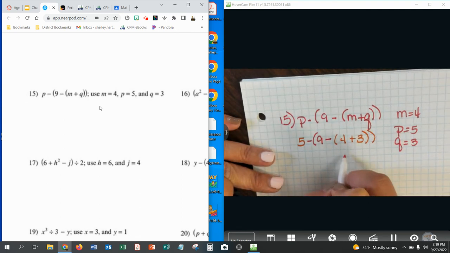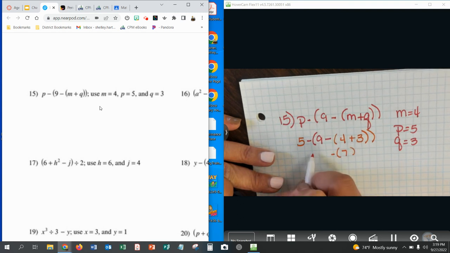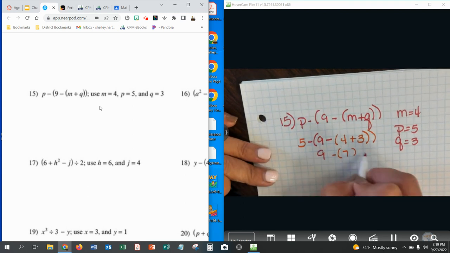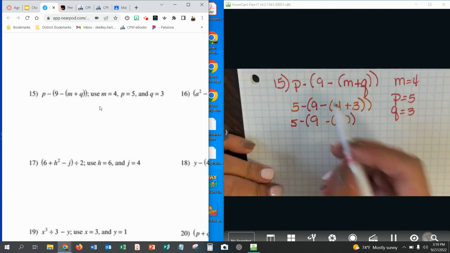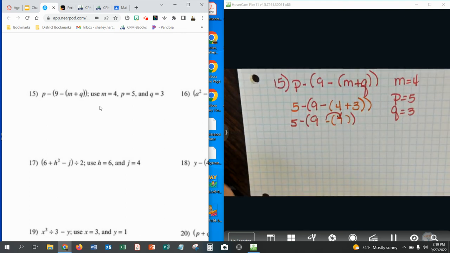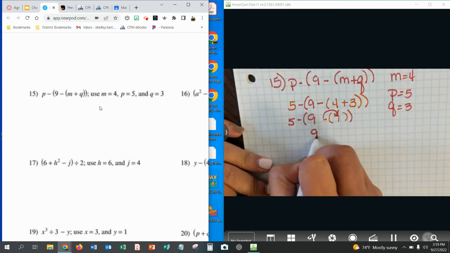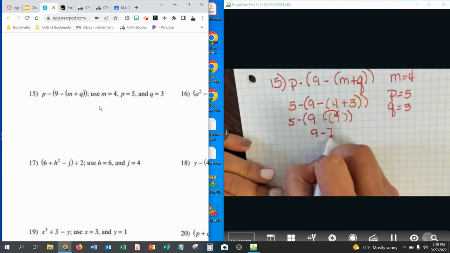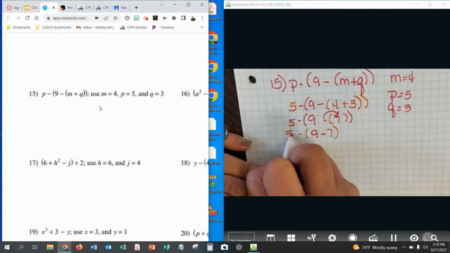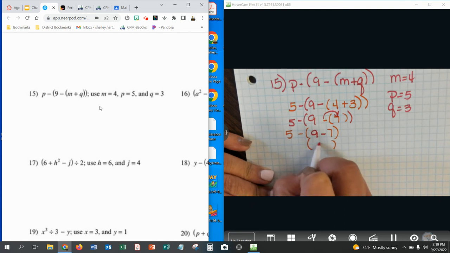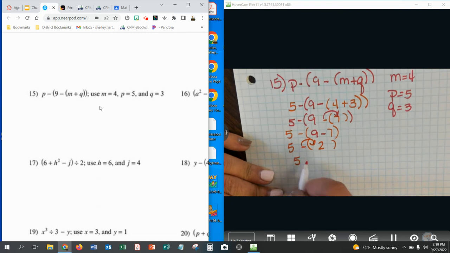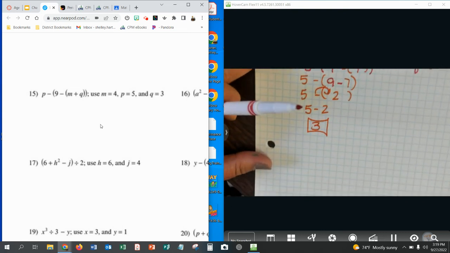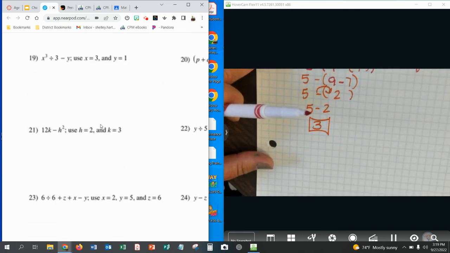And that's got that. So this becomes 7, right? And then 5. We rewrite it each time, right? So we're going to distribute the 7 to get the negative. So now we have 9 minus 7, and then 5 on the outside. Then this becomes 2. And then 5. Distribute the negative. So you get 5 minus 2, and that equals 3. So that's 15.